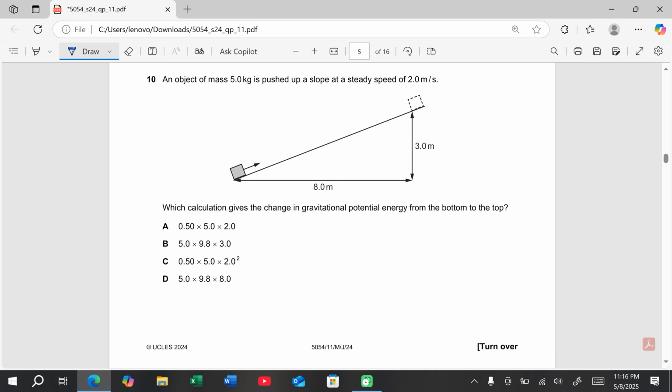So the change in gravitational potential energy can be calculated using mass, height, and g. Mass is given, height is given, g is 9.8, so that's going to be B, mgh, because you know the gravitational potential energy has a formula mgh.